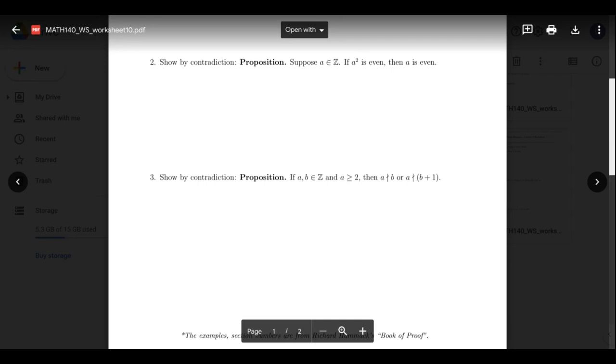Okay, let me write out the steps. So you want me to write it out for which one? For 2, for 3, or in general? For 3, okay, let's talk about 3. So 3, let's go to the whiteboard.